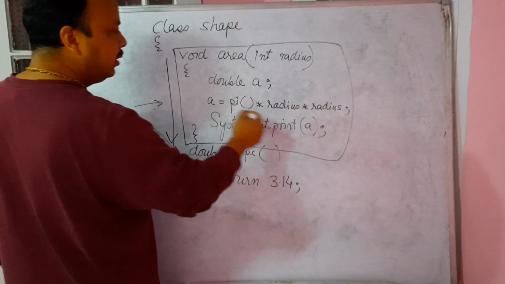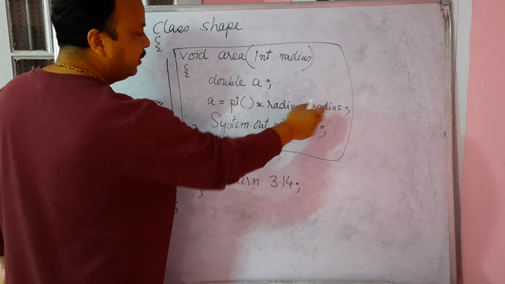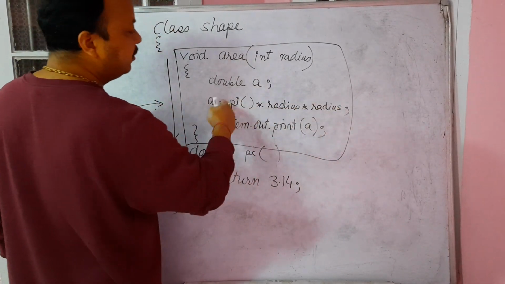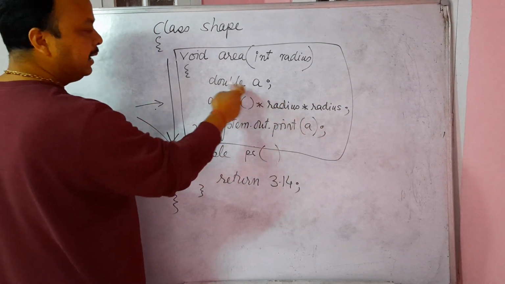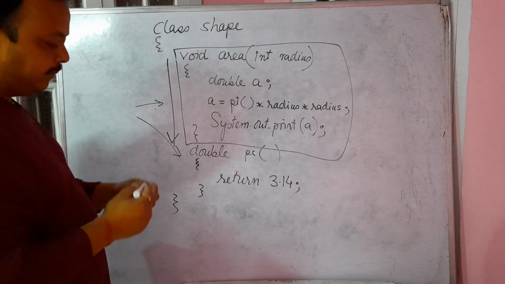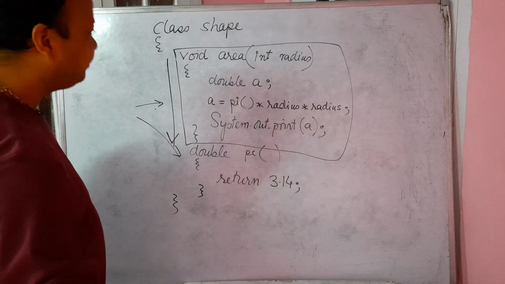Then once the right hand side of your statement has executed, because this looks like an arithmetic expression, whatever is the result will be assigned to A, and that is the value that you are going to print. That's how user defined functions work.